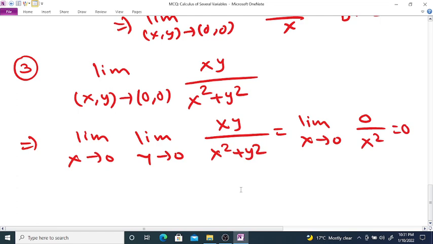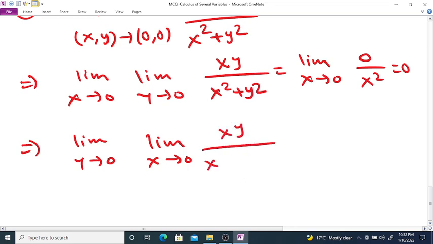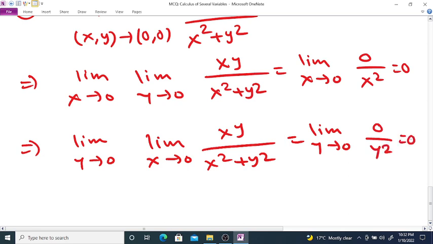Similarly, limit y tends to 0, limit x tends to 0 of xy divided by x square plus y square, is limit y tends to 0 of 0 divided by y square, which is equal to 0.